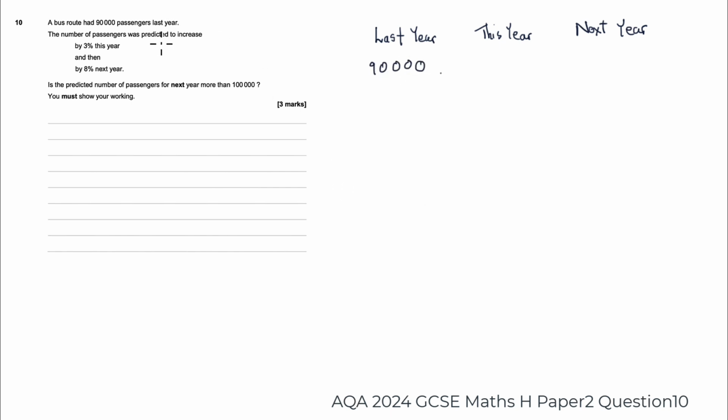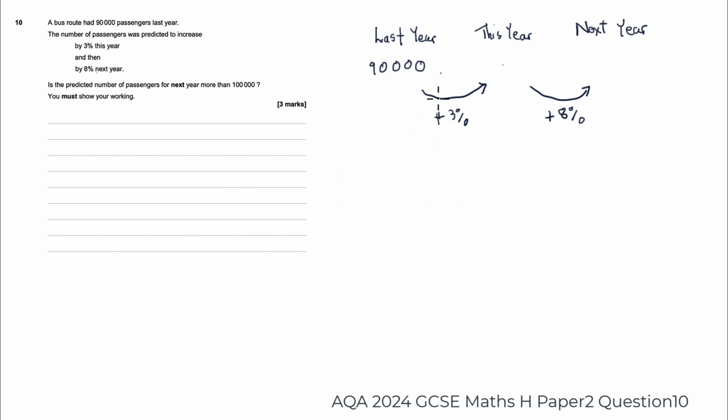We're told the predictions, that increases by 3%. We're adding 3% of that to get this year's total. And then the prediction is an 8% increase. We're adding 8% of whatever this is to get next year's. That's the figure we're interested in.